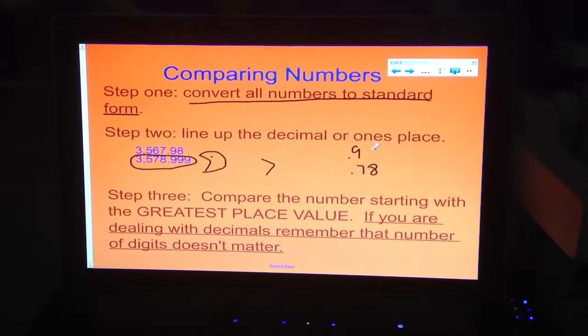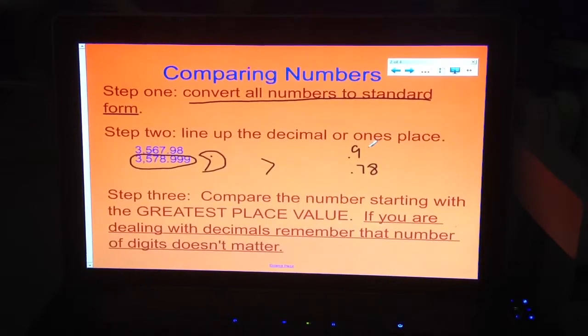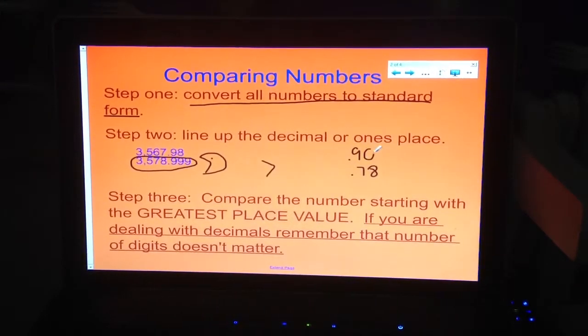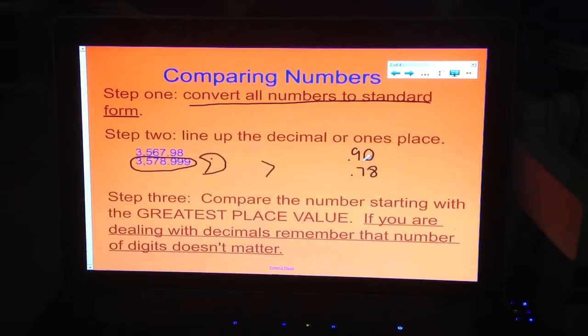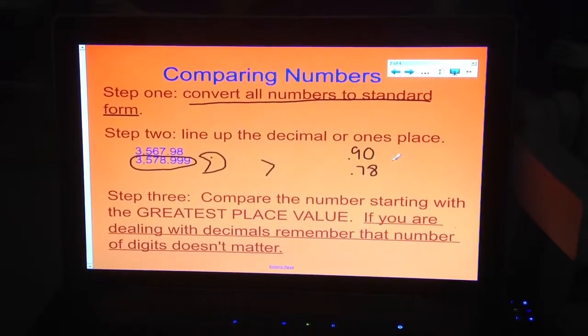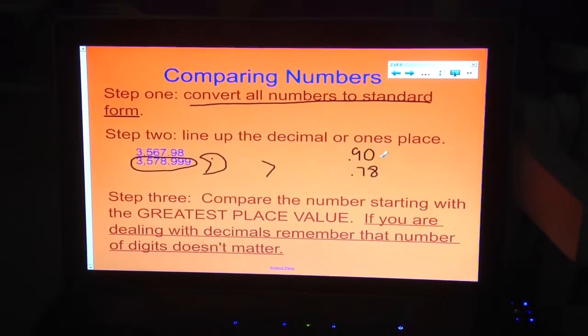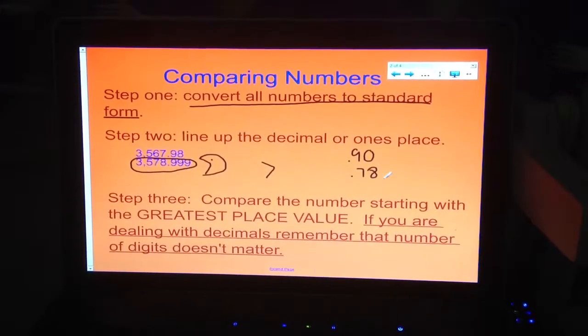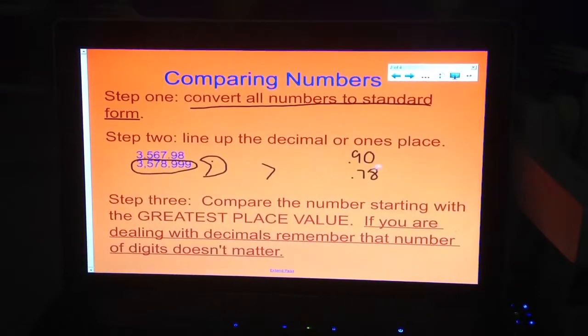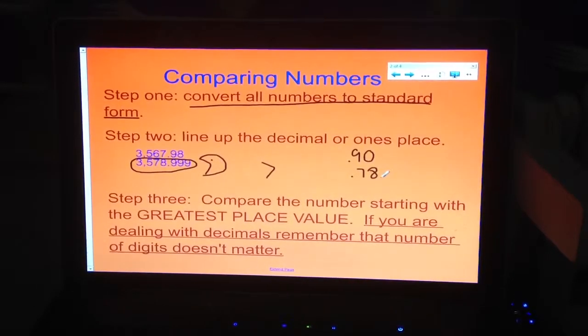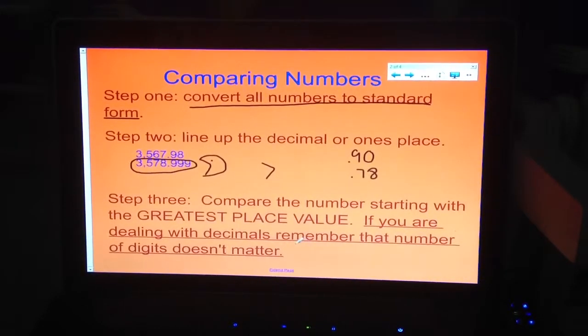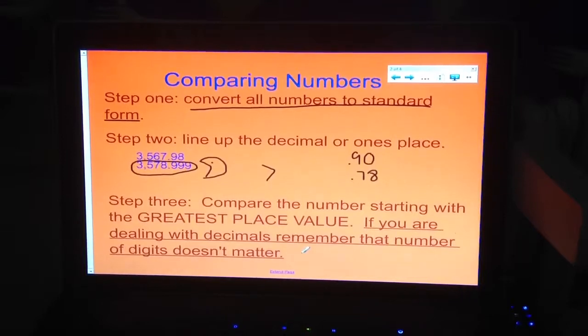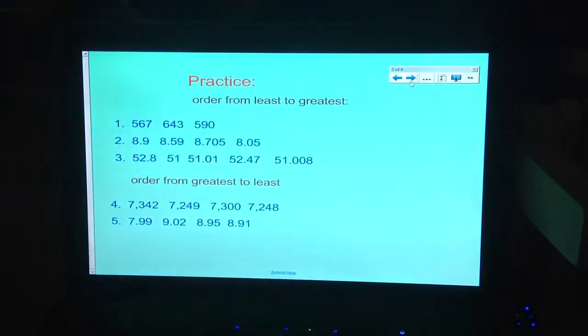But if you look at this, this is a blank space. And we know that a blank space is equivalent to a 0. So now if I look at it, it's a little clearer. I can see that this is 90 hundredths, which is the same thing as 9 tenths, and this is 78 hundredths. So sometimes decimals get a little confusing in that way, and we want to remember that the number of digits doesn't always tell me which number is larger.